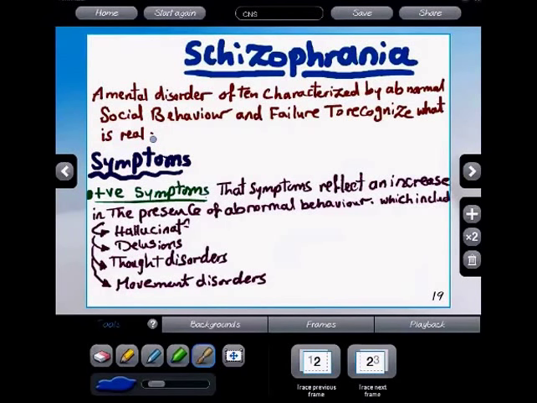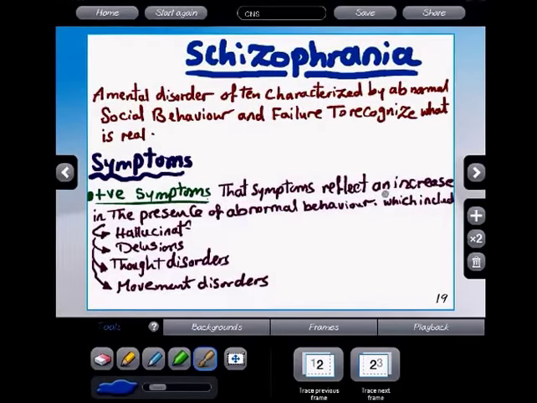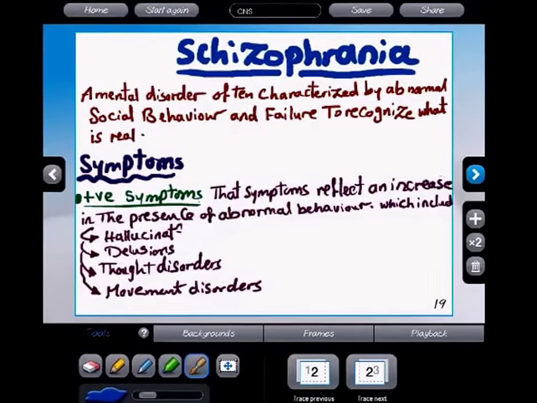Positive symptoms always reflect an increase in the presence of abnormal behavior, like hallucinations, delusions, thought disorders, and movement disorders. These are mainly about the behavior. He has in the behavior hallucinations, delusions, and so on.